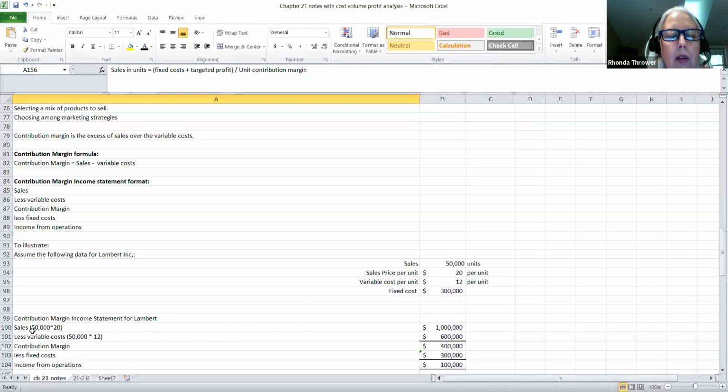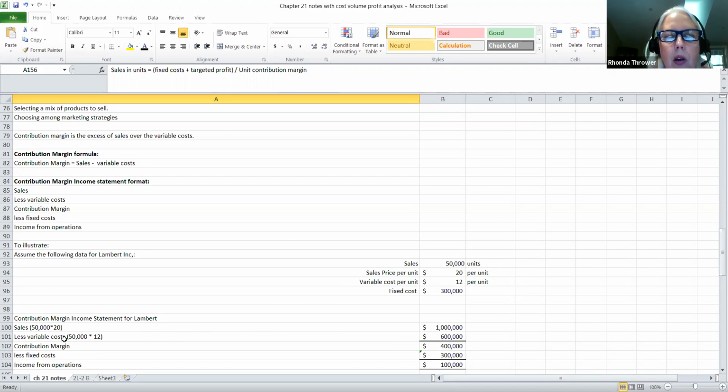We're going to subtract from our sales our variable cost. If we know the variable cost per unit is $12 and we know how many units we sold, if you multiply 12 by 50,000, it will give you the total variable cost.